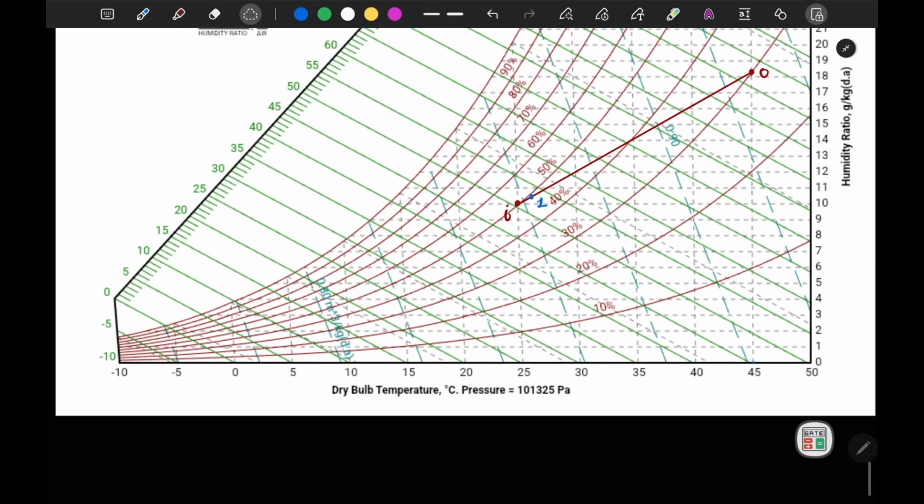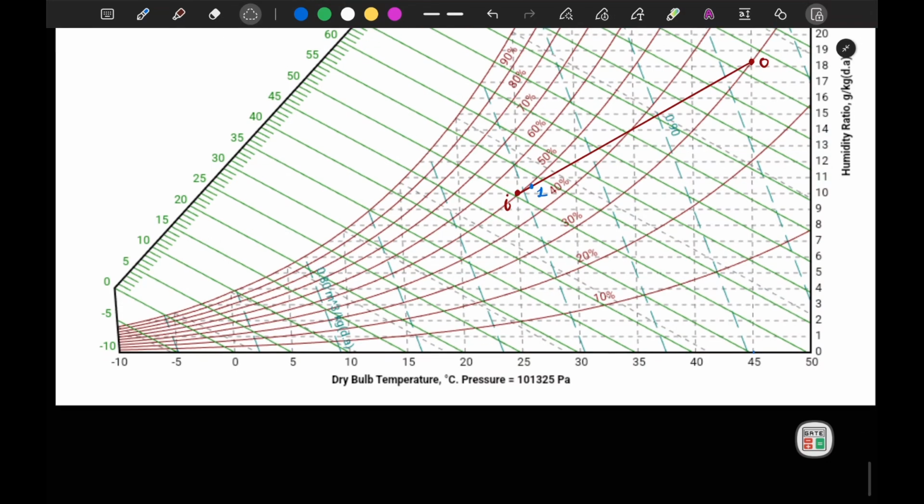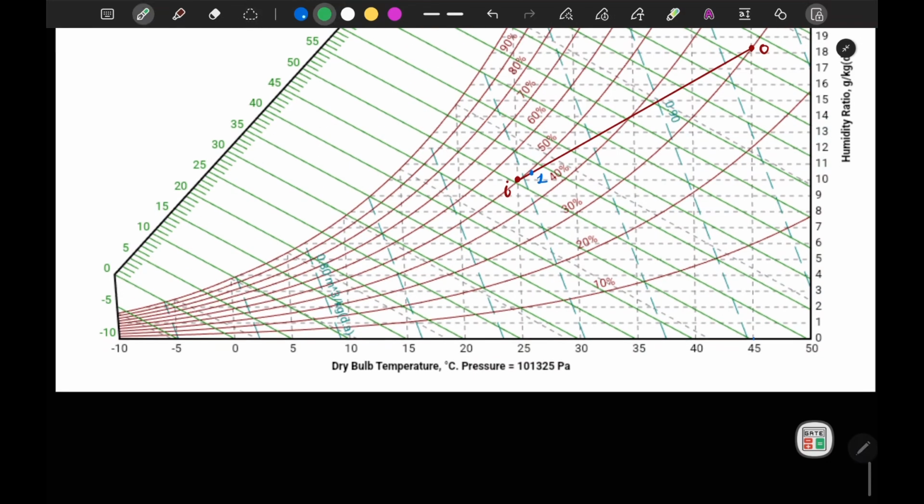To mark the ADP at 12 degrees Celsius, we can mark it in a similar way. This is 10 and this is 15, so this line corresponds to 10 degrees Celsius, and for 12 degrees Celsius it should be 2 blocks away here.